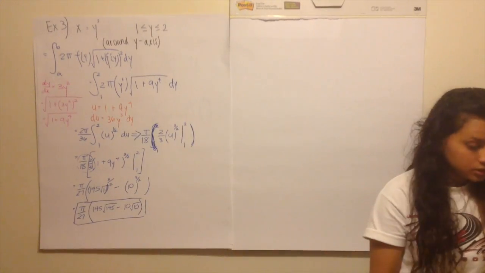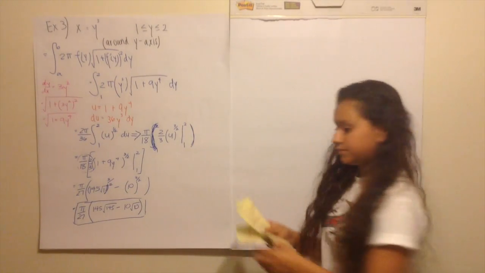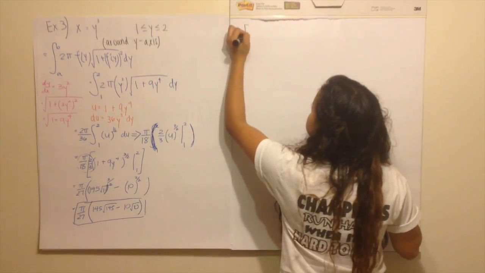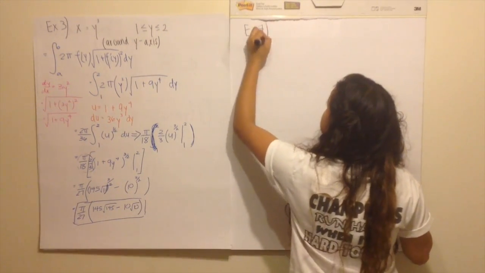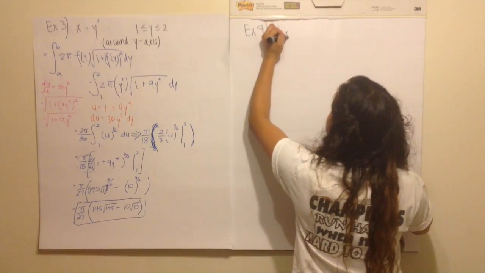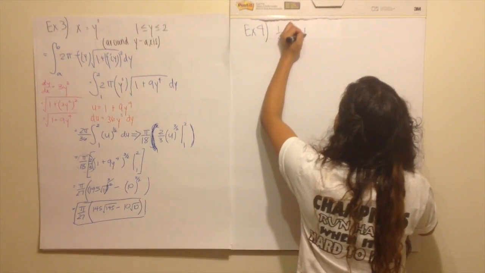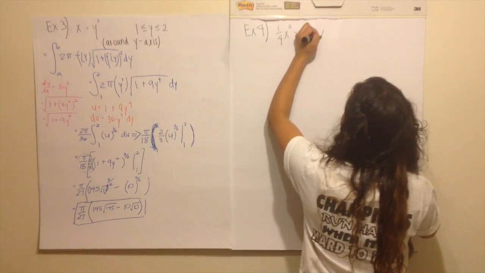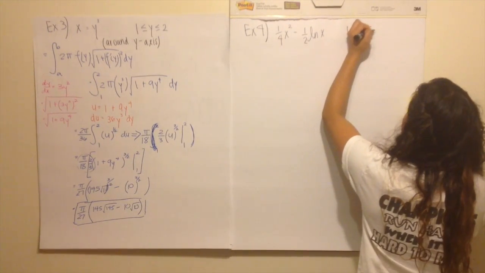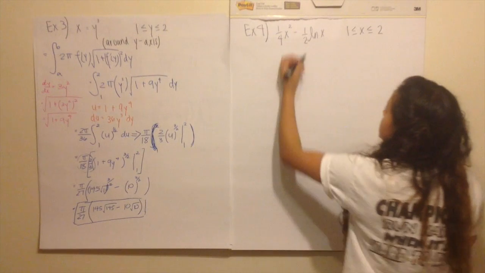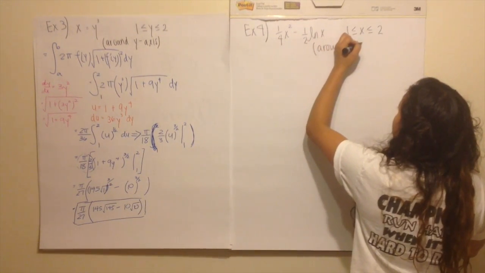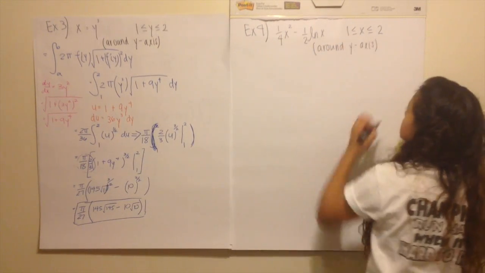Example number 4. So we have 1 over 4 x squared minus 1 half ln of x. We're going from 1 to 2, and it's going to be around the y-axis.